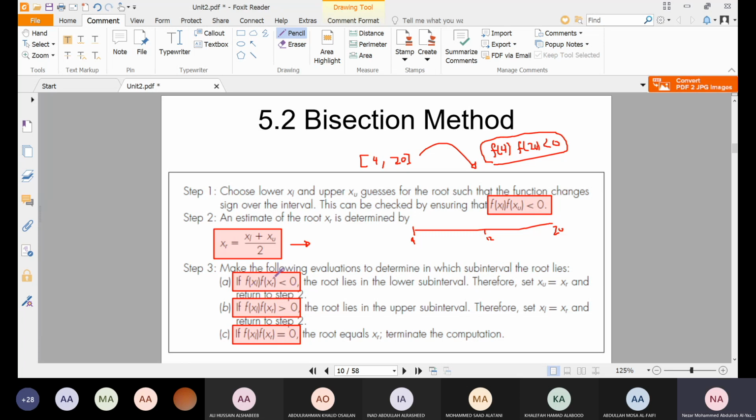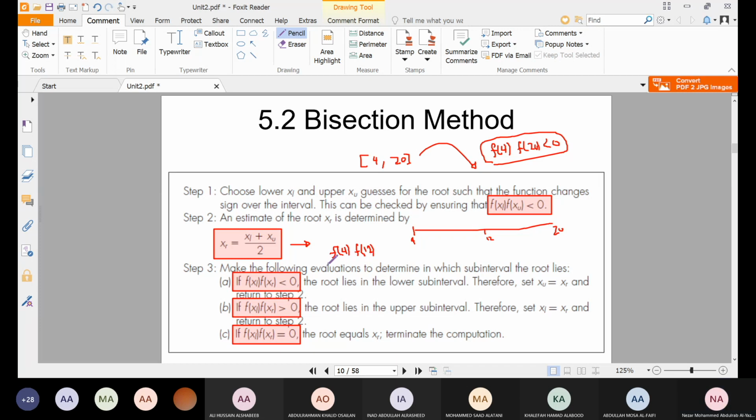After that, I will evaluate the function. I evaluate the function at the lower limit 4 multiplied by the evaluation of the function at the midpoint 12. I will check this value to see if I have a change in sign.